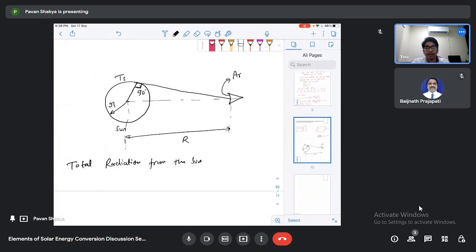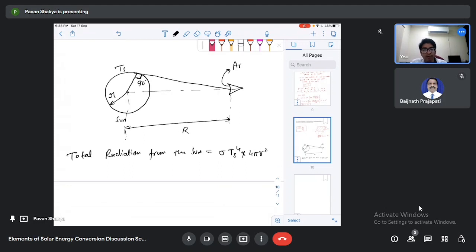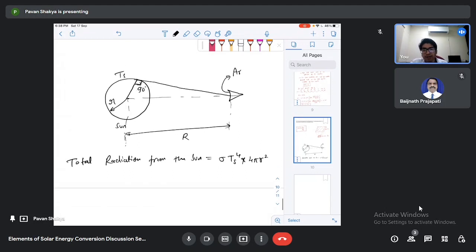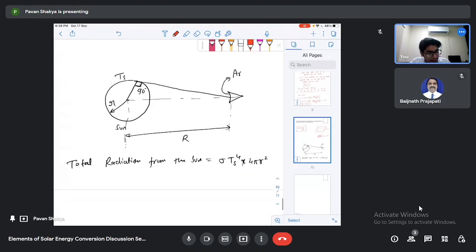We can write it directly using the Stefan-Boltzmann law, that is equal to sigma Ts to the power 4 multiplied by the area of the surface, that is 4 pi small r square. Now whatever radiation comes out from the sun radiates uniformly throughout the area. So we can assume a circle of radius capital R.